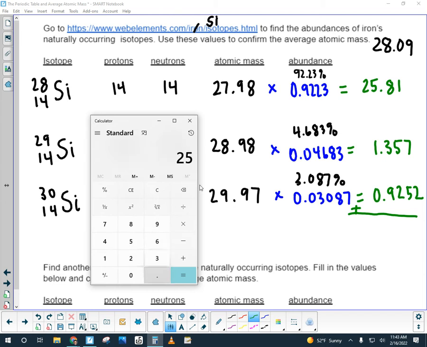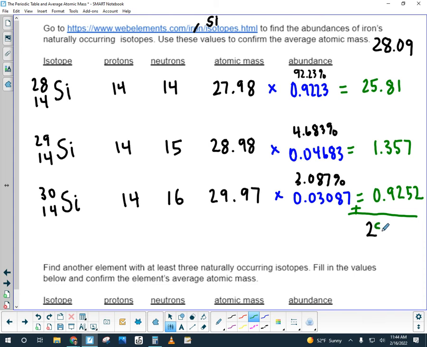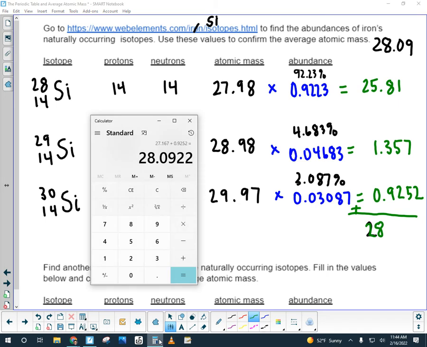So 25.81 was the contribution to the average from the lightest isotope, plus 1.357 plus 0.9252. And I get, if I keep all of my decimal places, 28.0922.